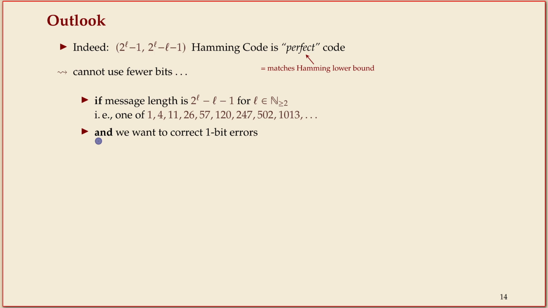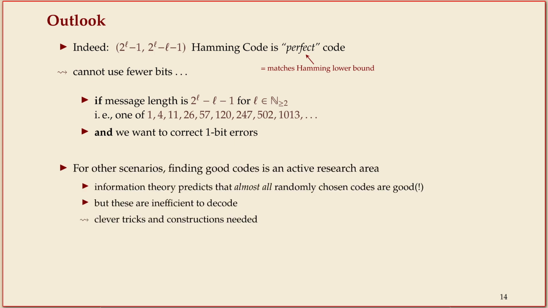If you go away from either of these two assumptions, it's not clear. Hamming codes might not be the best possible choice, and we might not even know a code if you want to correct more errors. For many of the parameter choices, the search is basically still open. It's still an open research question to find the best possible error correcting codes.